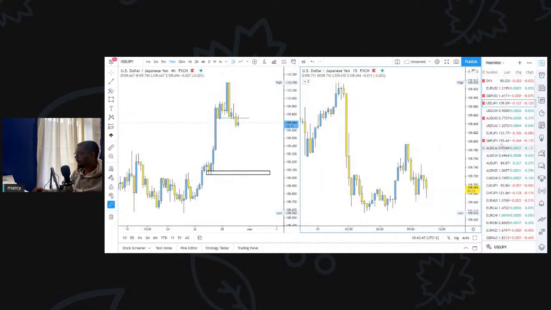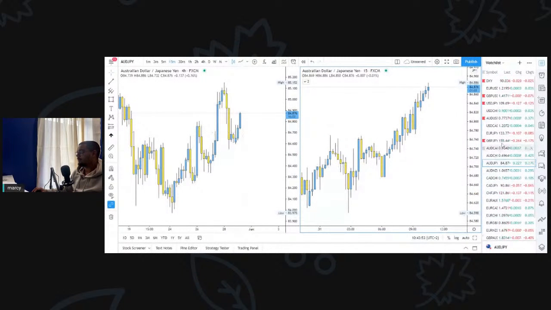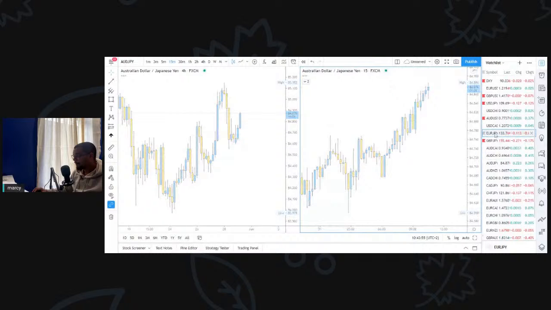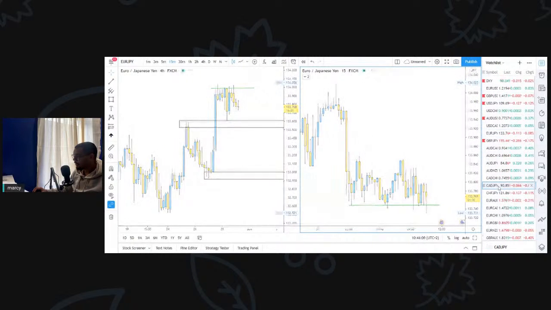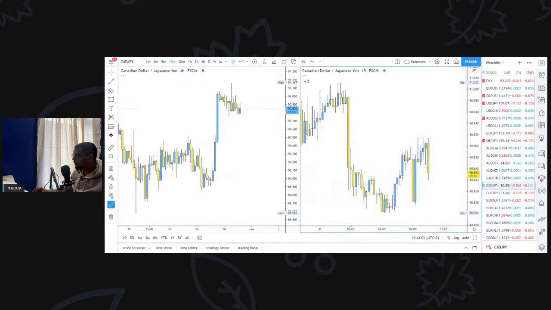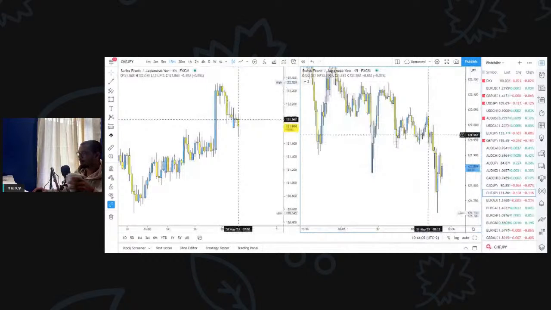Look at that. Okay, that's AUD strength though. That's a bit of a range. Let me see. I need more. Look at that. And then look at this too. Like, look at what it's doing. It's forming lows, lower lows, lower highs.